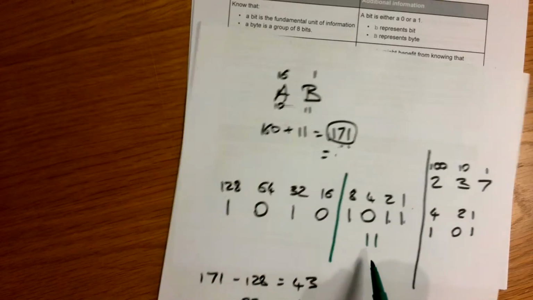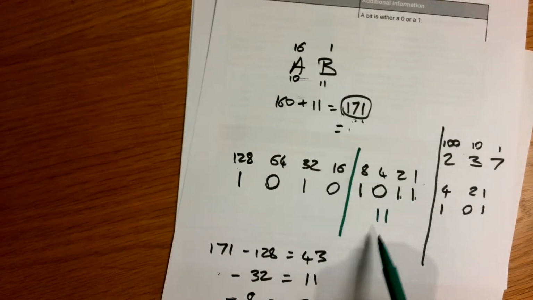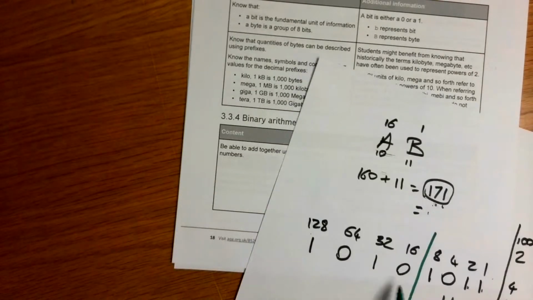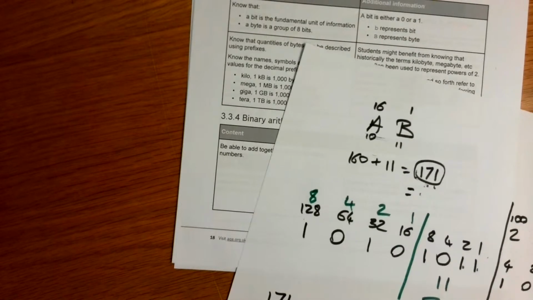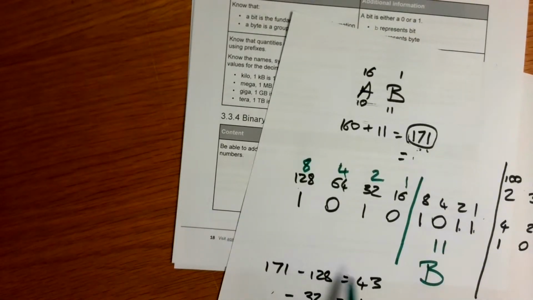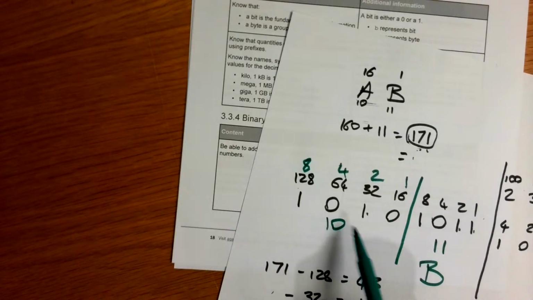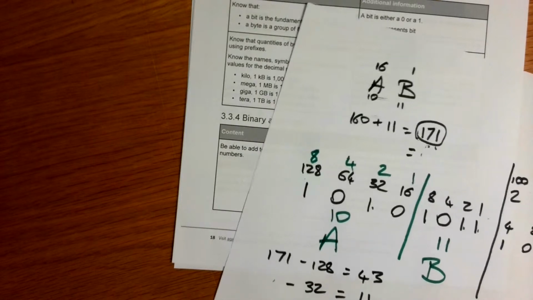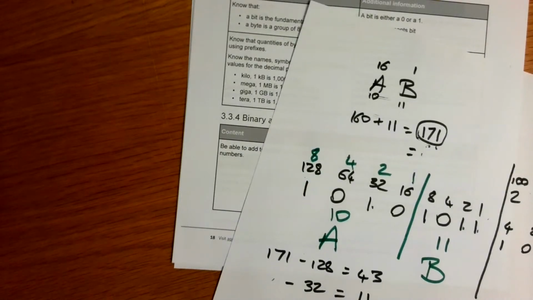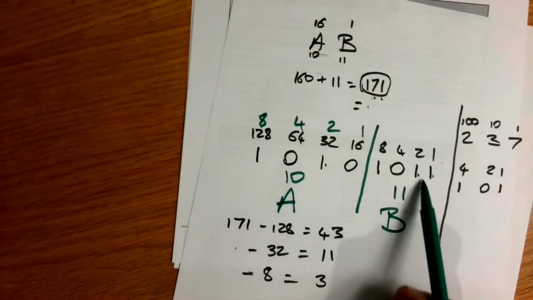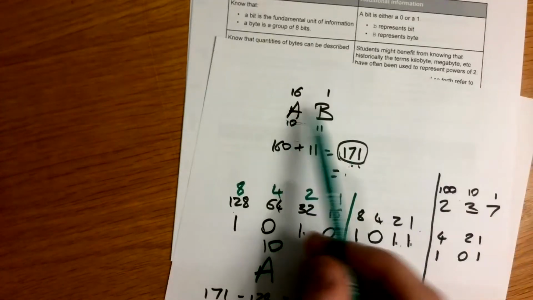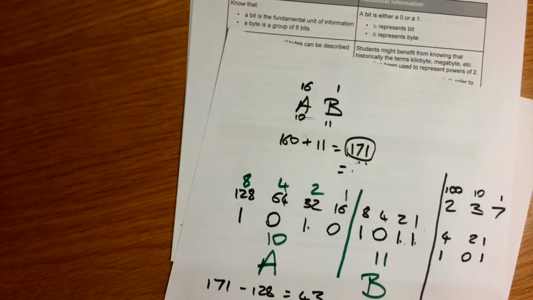And we know that in hexadecimal, 11 is the value B. If we come over this side, these are too big numbers, so we're going to replace these with 8, 4, 2, 1 again for our other character of hexadecimal, and then we can add these together. 8 and 2 is 10. Therefore, we know in hexadecimal, 10 is represented by the letter A. So that's how everything links together. This binary value is 171, which then links to this hexadecimal value in here.